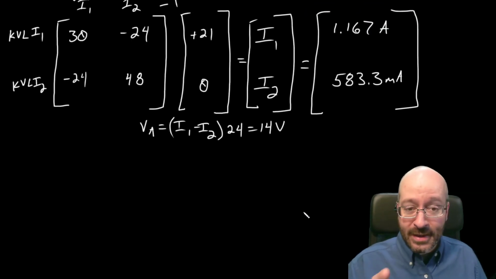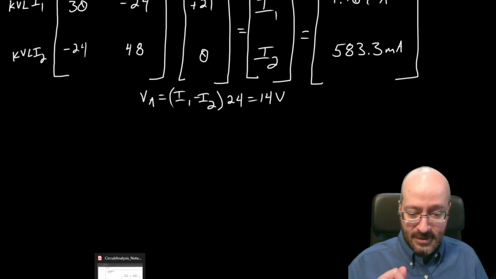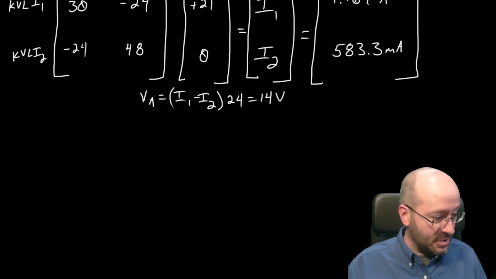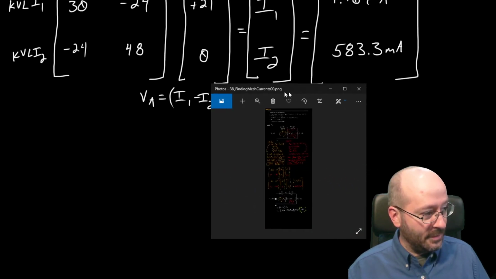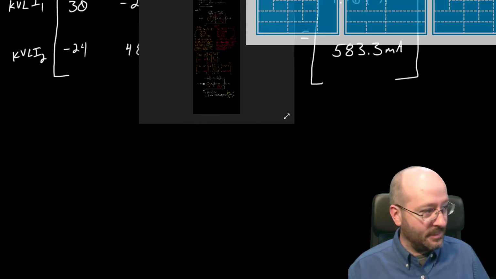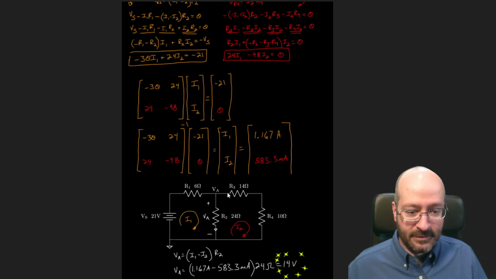Okay, now to prove that to you, I'm going to pull up the notes from the first problem we worked with mesh analysis somewhere. I thought I had opened it. There it is. All right, and I'm going to break the fourth wall here, and there's our notes from the first time we did this. And what did we find for mesh currents?